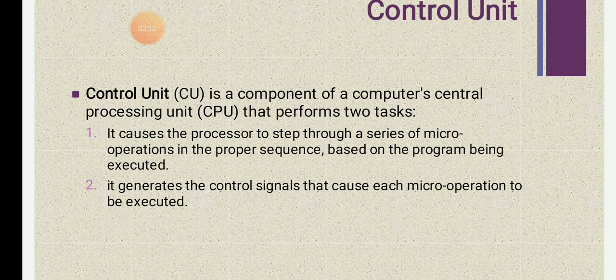So what is that control unit again? During the execution of the program, the control unit fetches one instruction at a time from the main memory and then executes. In this execution process, it takes help of the ALU, the arithmetic logic unit.